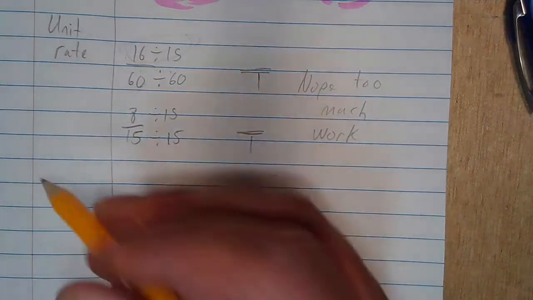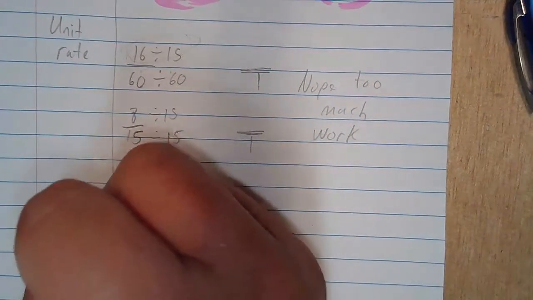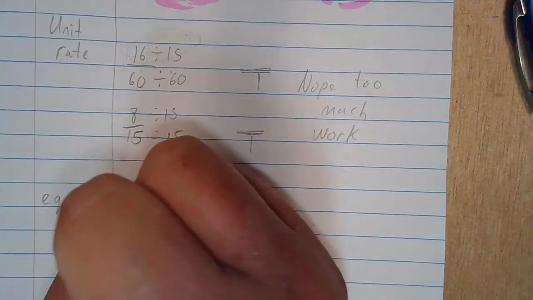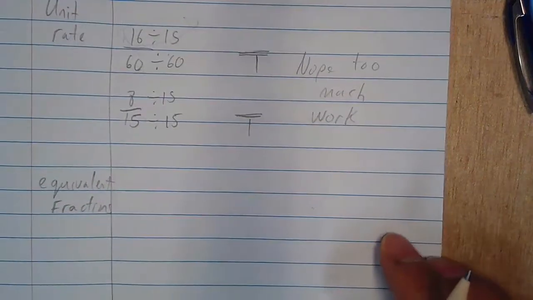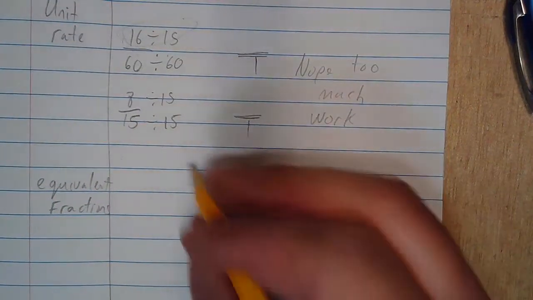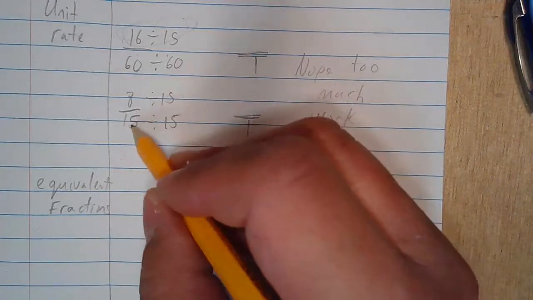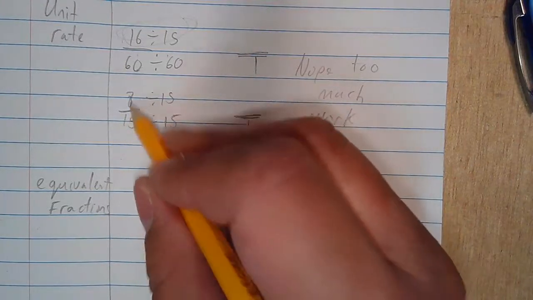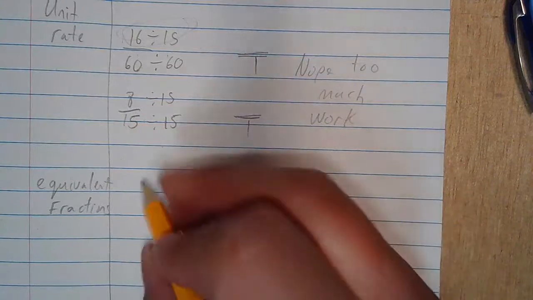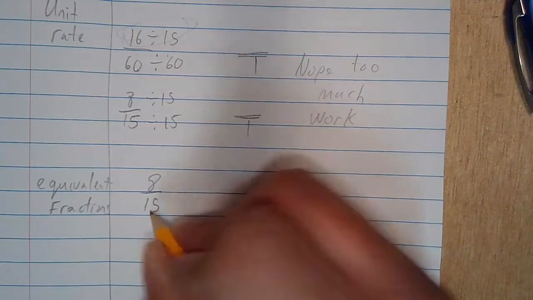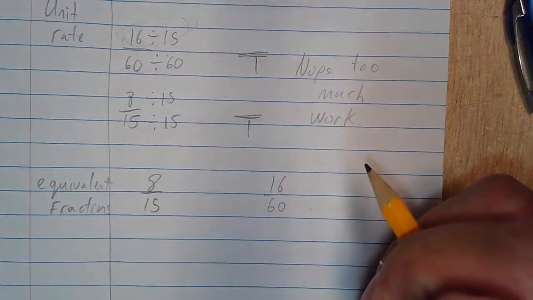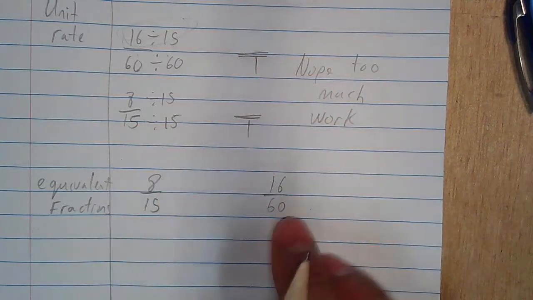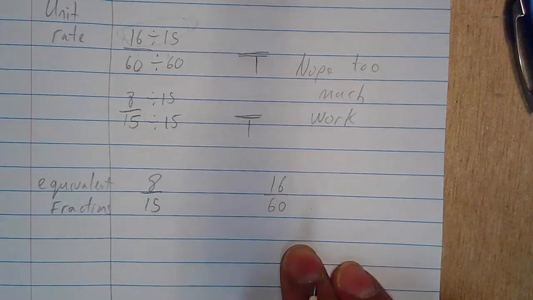Let's find out. The other method was equivalent fractions. Are these equivalent fractions? Okay. Whew. I noticed 8/15 has smaller numbers. And you can do it the other way around. You can put 16/60 over here and 8/15 on this side.